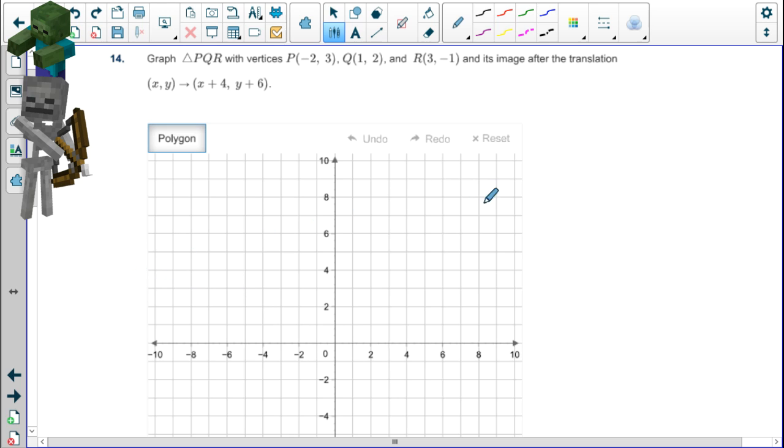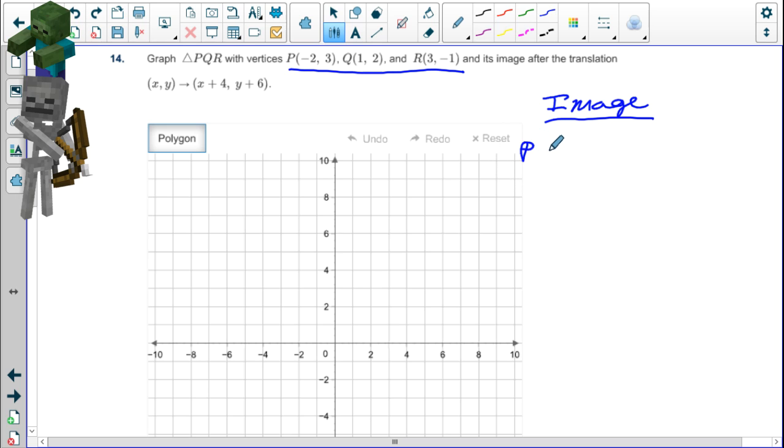Okay, so we're taking these points, and if you're struggling a little with this, I will try to go a little slower, or you can rewind or slow the video down if you need to double check what I'm doing. So we're taking each of these points, these are the pre-image points, and we are going to graph the image, okay?